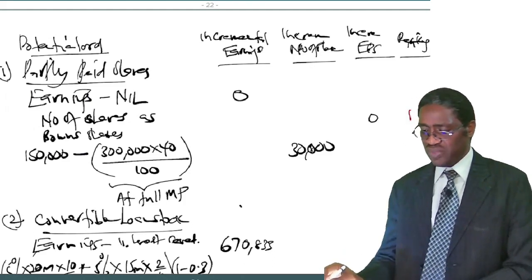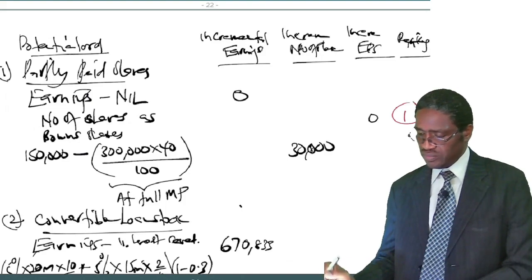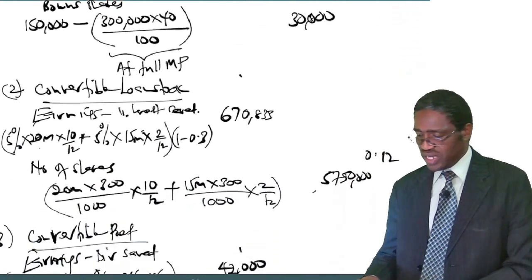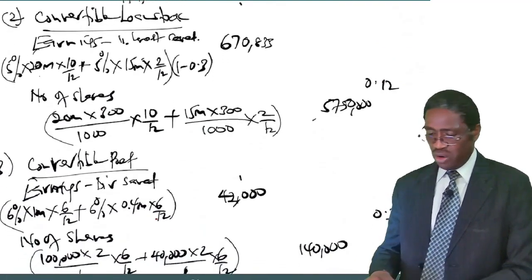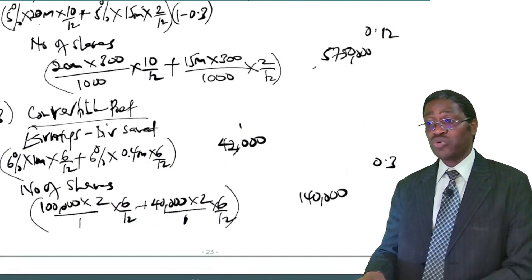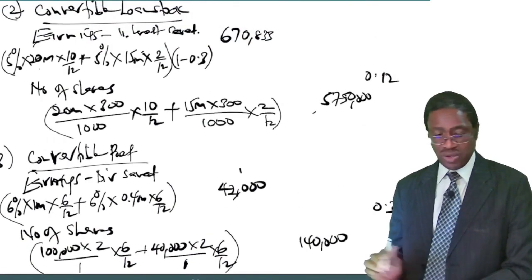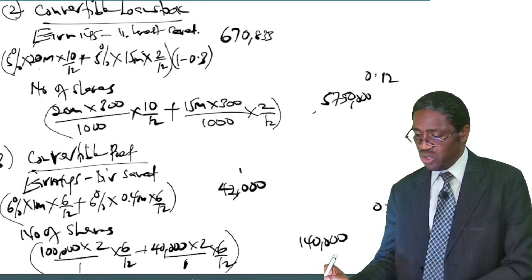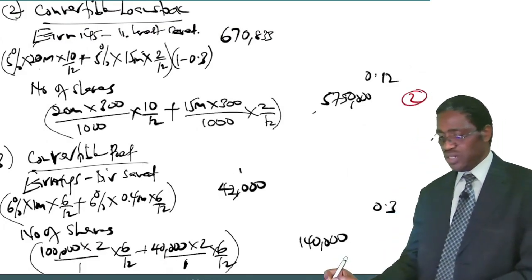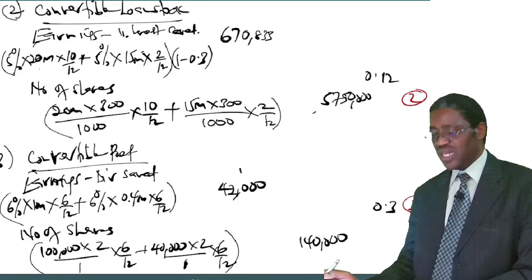Then the next most dilutive looks like convertible preference, 0.21. That looks like number 2. Then finally, 0.3 becomes the last one.